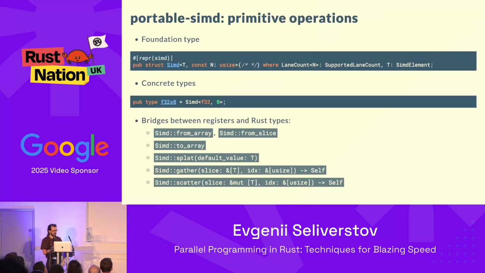The primitive operation is to use a normal type, Simd, over the specific type you want to wrap, and it specifies the lane count. More about lanes later. And then you can go with really good Rust-specific converters, like from_slice, to_slice. You can even pick whatever you want from your array, so quite good, yeah?